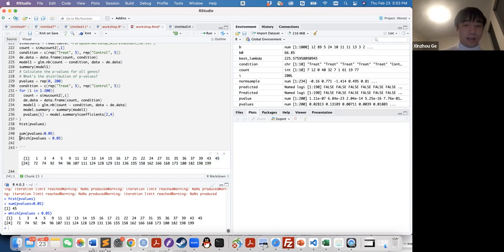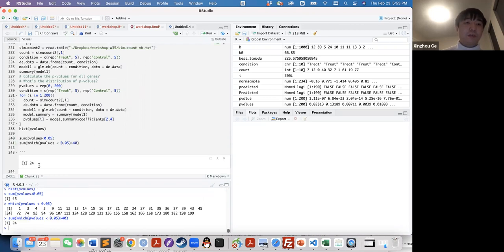And we can calculate the number of these vectors which are greater than 40. And we can see that we actually have 24 false discoveries. So among the 45 discoveries, 24 of them are false discoveries.